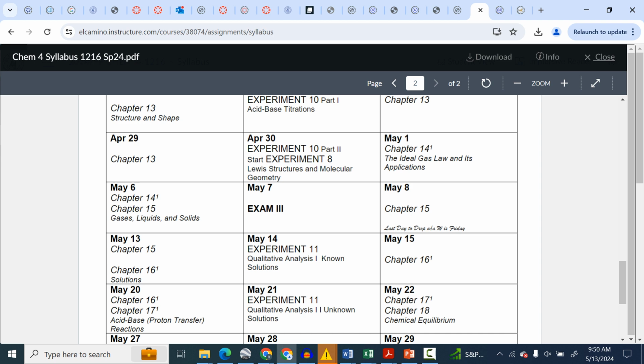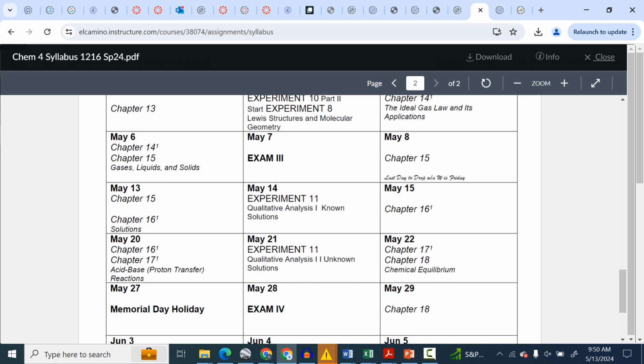Mass of A over total mass times 100. Exactly. That's the percent. So you need that equation, and then you just use a little bit of dimensional analysis. You can figure it out. Tomorrow we're starting experiment 11. And I'll talk about experiment 10 tomorrow.